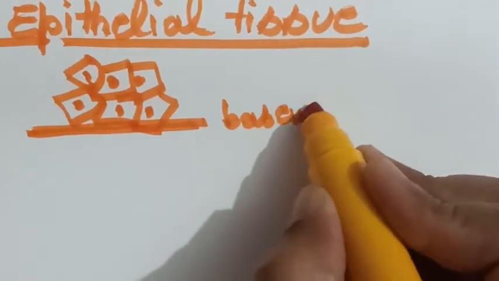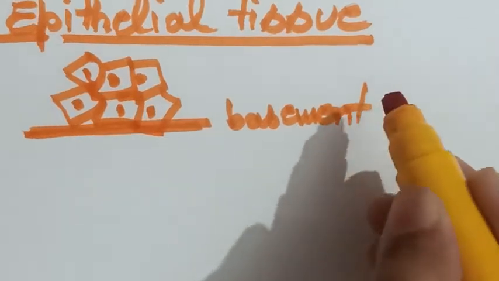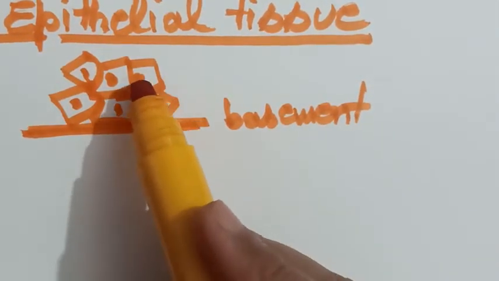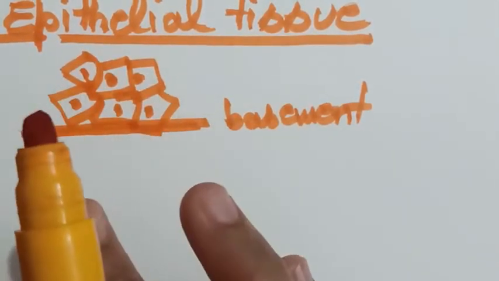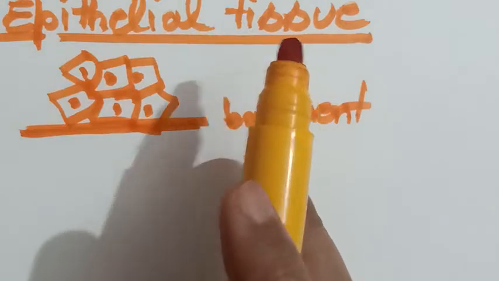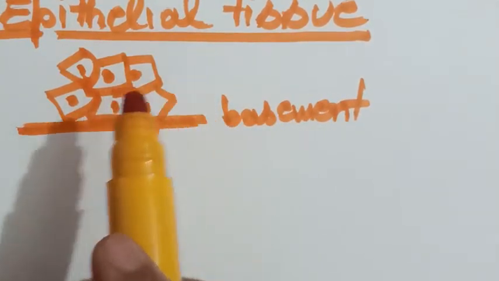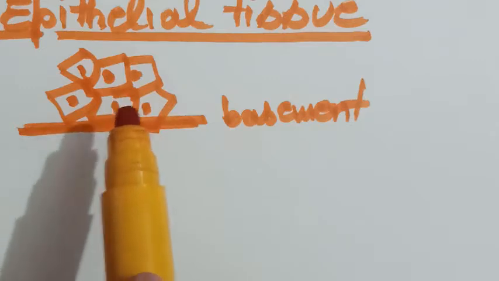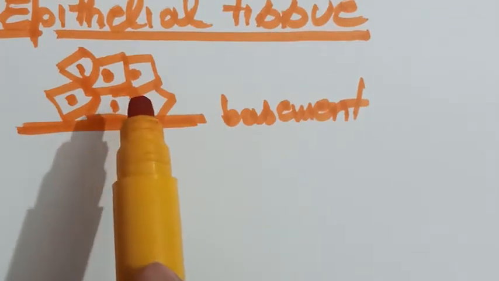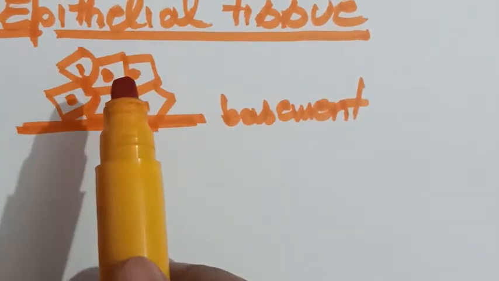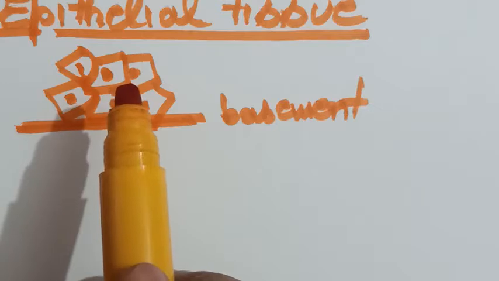Next, there is no direct blood supply to this tissue. So these tissues do not have any direct blood supply, and also they are non-nervous in nature, means they do not have any nerves. Then the cells of this tissue may be flattened, cuboidal or columnar in shape.